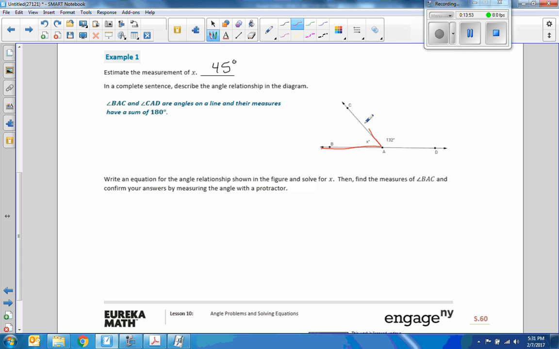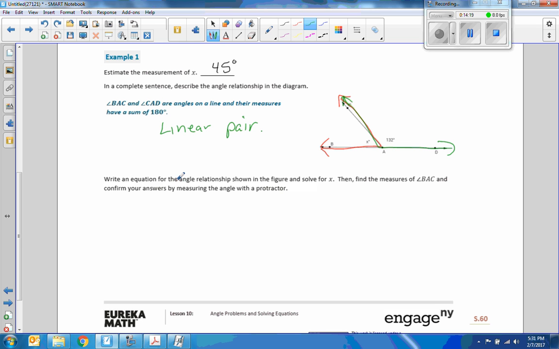Angle BAC is right here, and angle CAD is right here. They're adjacent angles that form a straight line, so they're called angles on a line. And we know that they add up to 180 degrees. They're also called a linear pair. That's another way to say it.